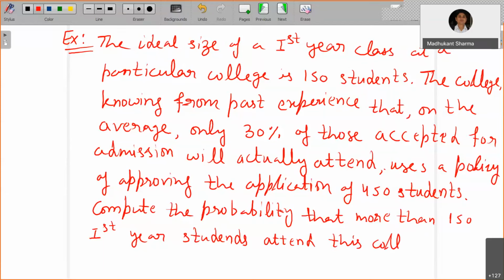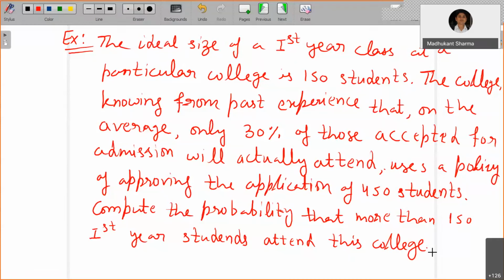Compute the probability that more than 150 first year students attend this college.